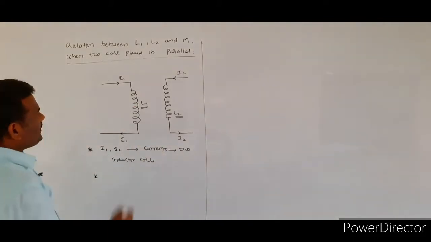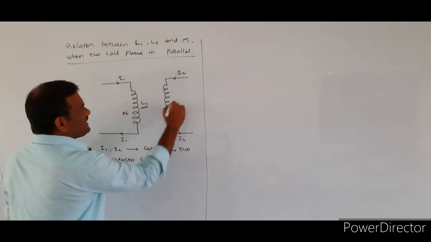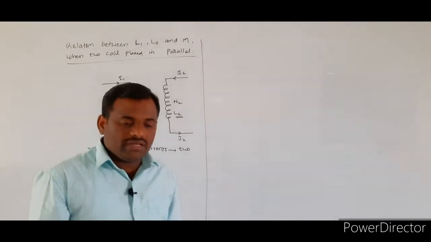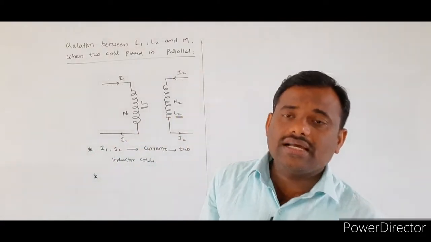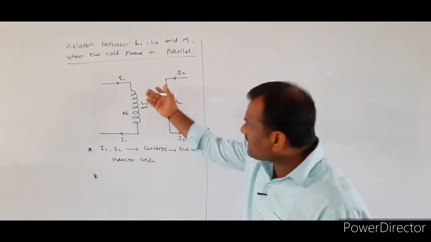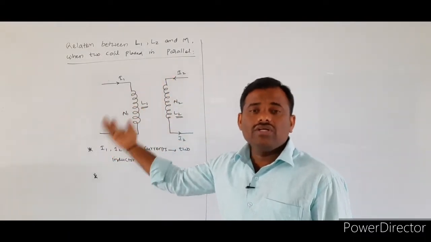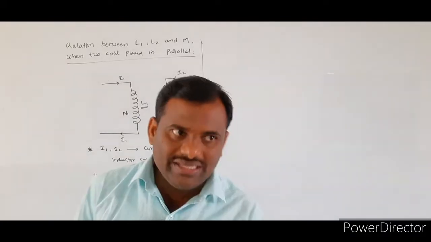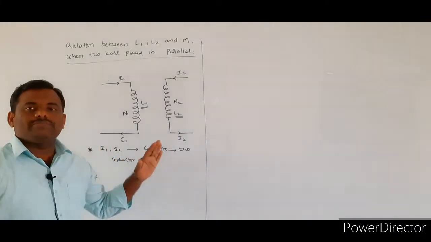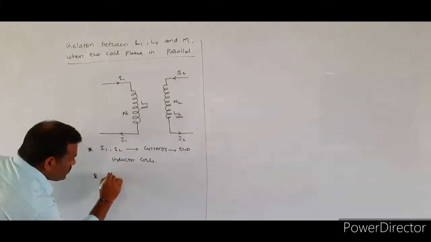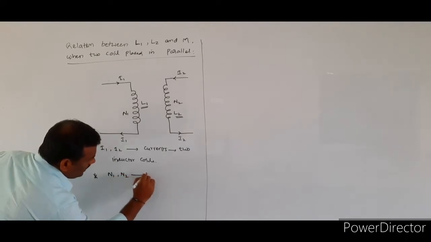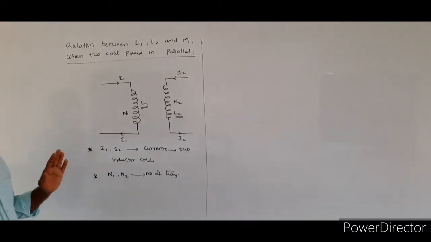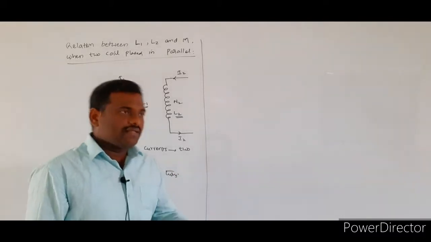One more assumption is that the first inductor coil consists of N1 turns, and the second inductor coil consists of N2 turns. An inductor looks like a solenoid, so it consists of a definite number of turns, assumed as N1 and N2 respectively. So N1 and N2 indicate the number of turns present in the first coil as well as the second coil.